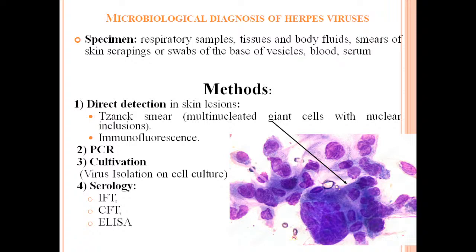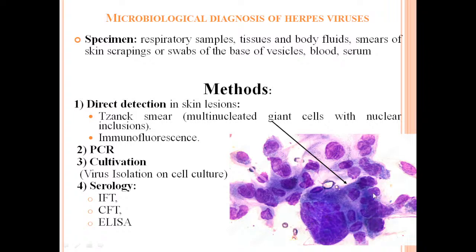Which methods are used for diagnosis? The first one is direct detection in skin lesions. It is a preparation of a Tzanck smear. What is it? It's scrapings of the skin, preparation of a smear, staining, and we can see multinucleated giant cells with nuclear inclusions.